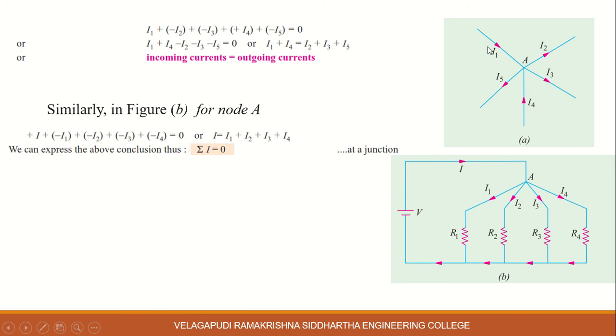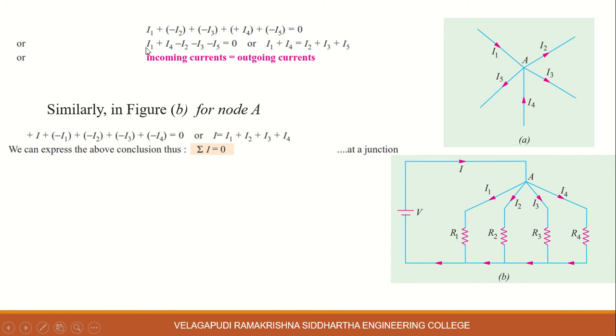Entering currents I1, I4 are positive, and leaving currents I2, I3, I5 are negative. So the algebraic sum of currents meeting at a point is 0. That's why we equate it to 0.